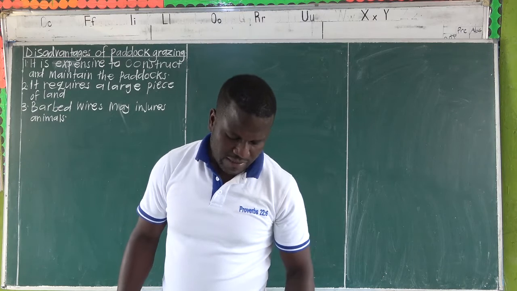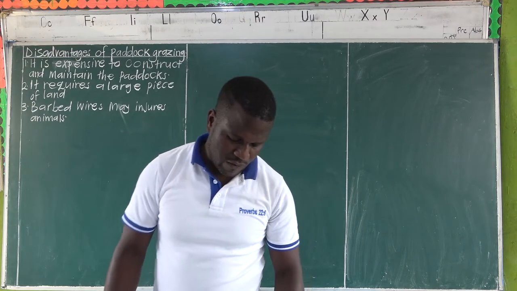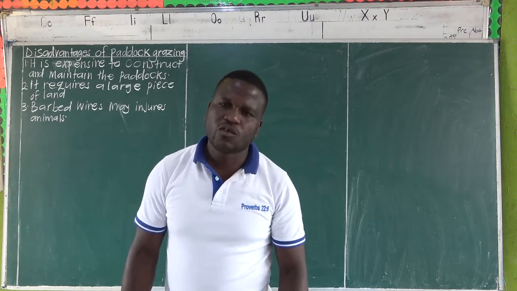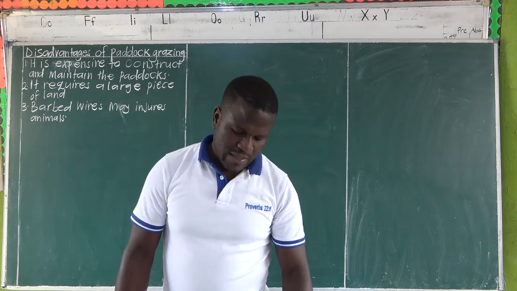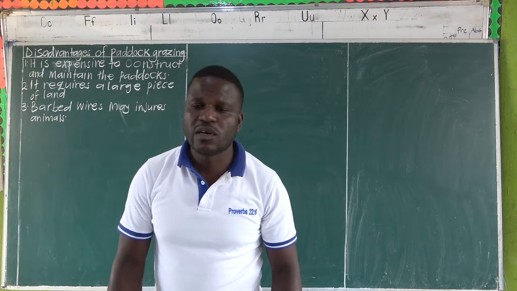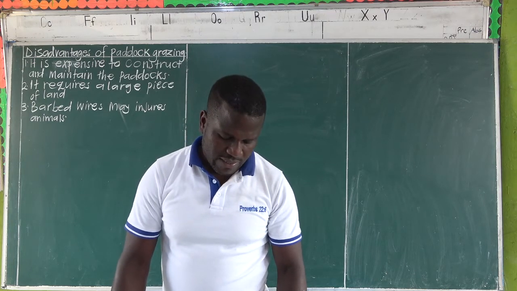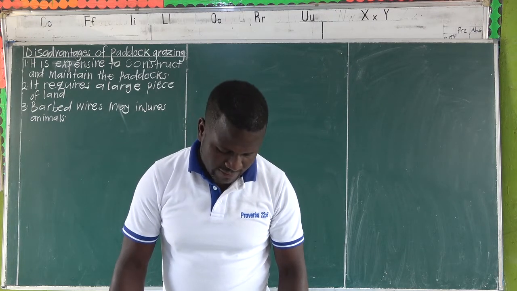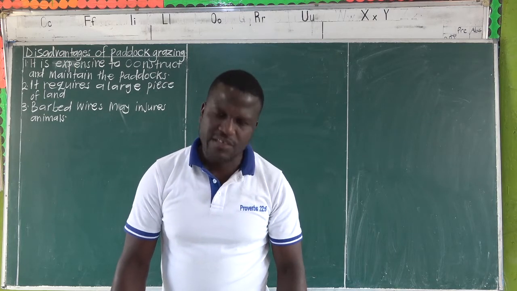So those are some of the disadvantages of paddock grazing. It's expensive to construct and maintain paddocks. Then it requires a large piece of land, meaning that if you have a small piece of land, you cannot carry out paddock grazing. Then lastly, barbed wires can easily injure or hurt animals.